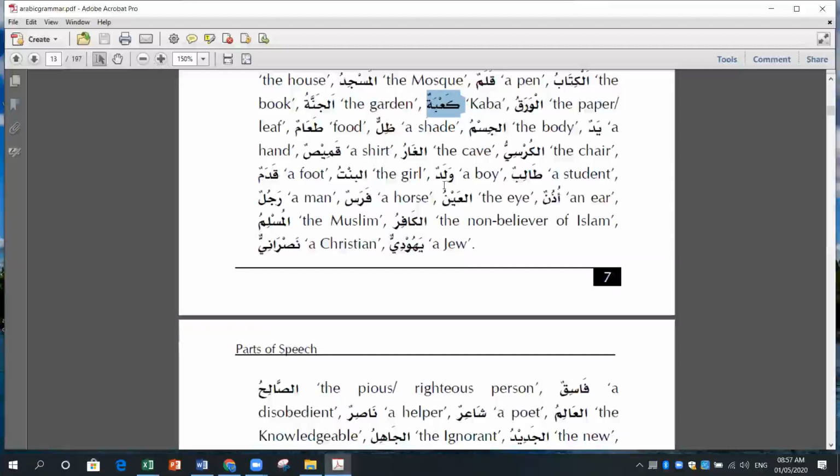Oh, Kaaba is a common noun? How many Kaabas are there? We have only one Kaaba, so that's a proper noun. Exactly. So how will we sort it out? You tried to figure it out with tanween, that it's a double movement, double haraka, so it has to be common, as I was telling you. But we found that this is a noun.